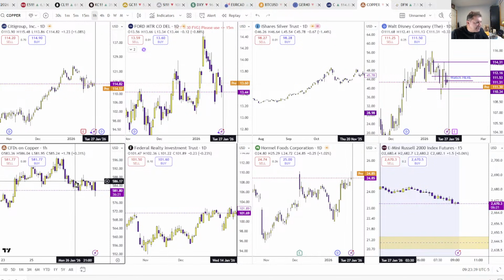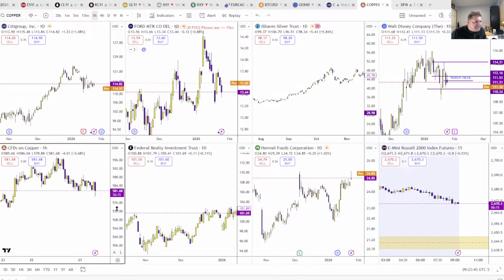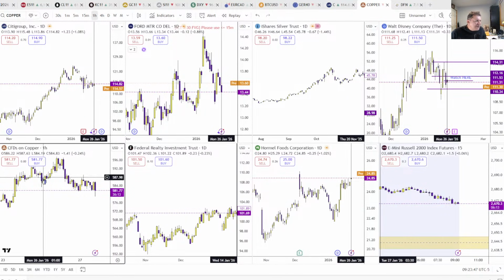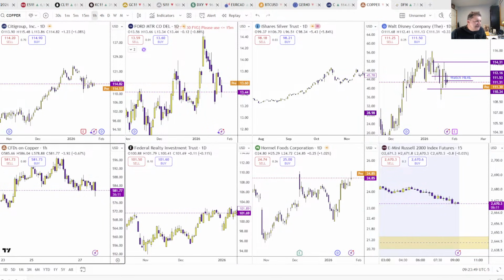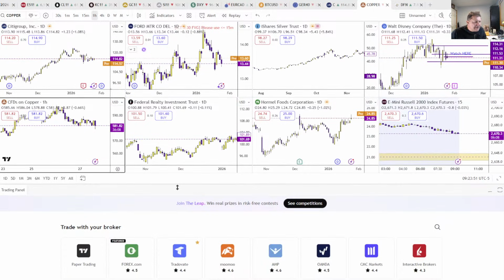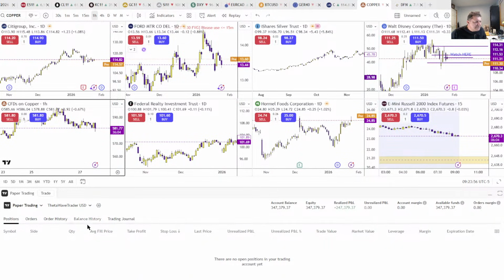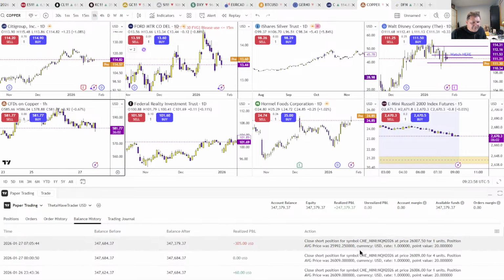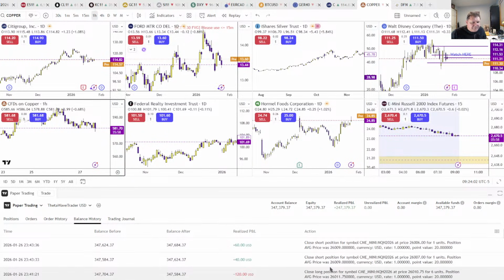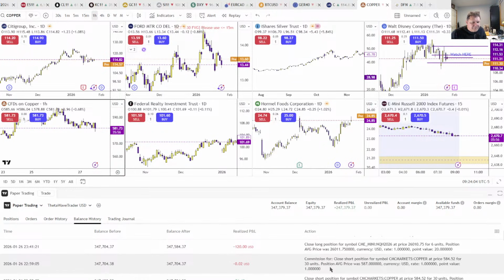I would have had my stop loss super tight before I went to bed. It was only like $100 or something like that, but you have to put a lot of lots. I think they had 30 lots on that last night. Where is it? Copper. Yeah, 30 lots, $74.